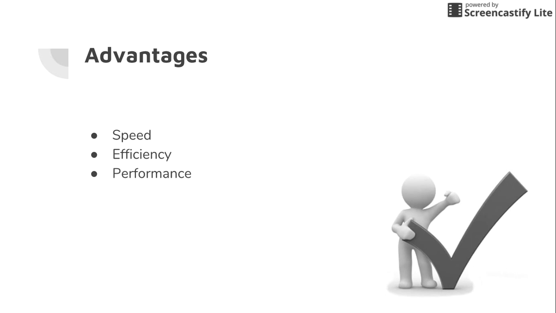So, now that I've talked to you about a lot of topics in IMDBs, let's talk about the advantages of using IMDBs. Hopefully I've hammered through some of the advantages in this presentation, because there's one huge advantage to using IMDBs, and that's speed, efficiency, and performance. They're all basically the same thing. You have unparalleled speed, unparalleled efficiency, and unparalleled performance.